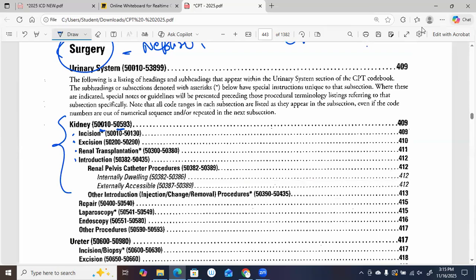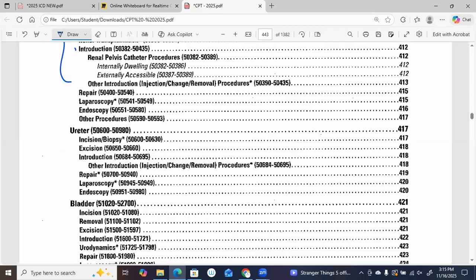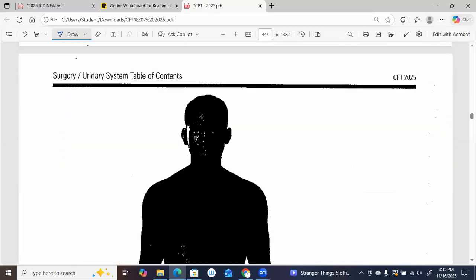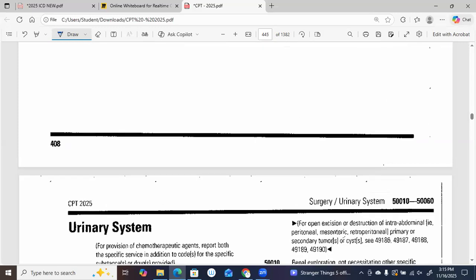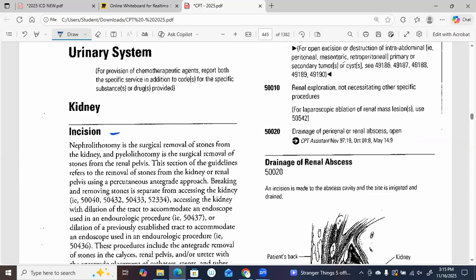Incision means whenever we are making an incision into an organ or a structure. That may be for a diagnostic purpose. Let me pull the codes also. The suffix for incision is otomy.